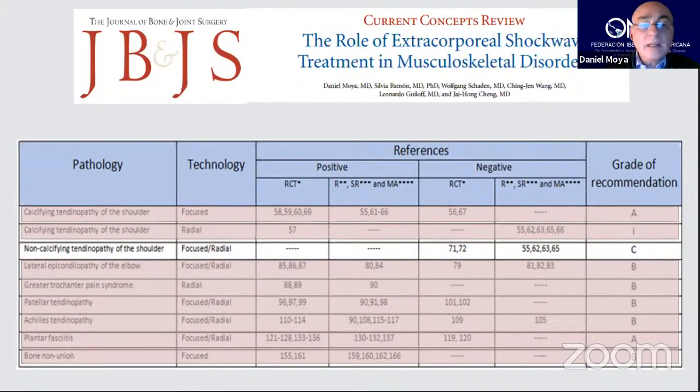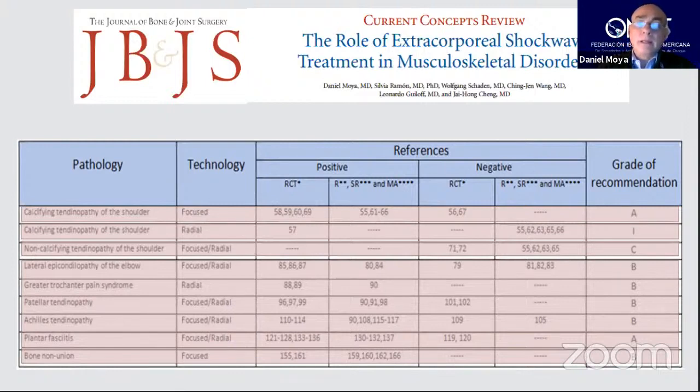To finish, in non-calcific tendinopathies of the shoulder, both focus and radial waves have controversial results in the literature. So we cannot recommend in favor or against the use of these, because the quality of the studies is not good.